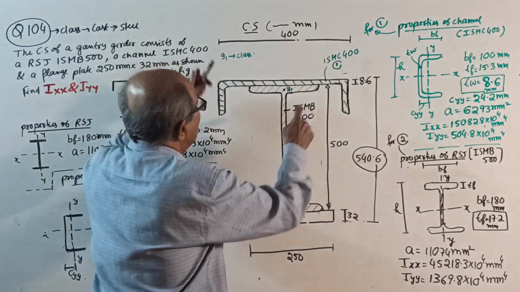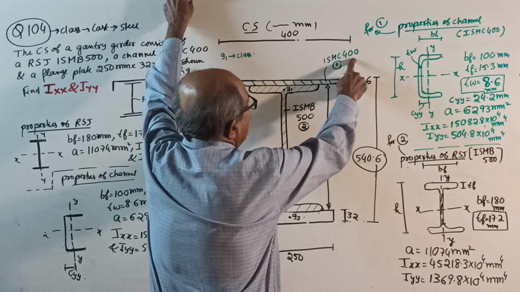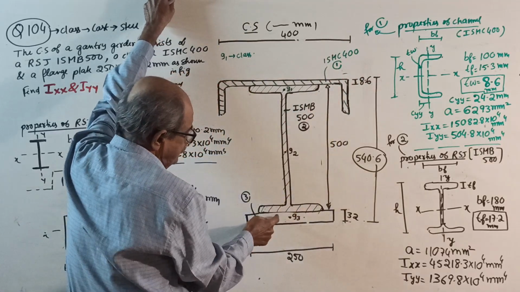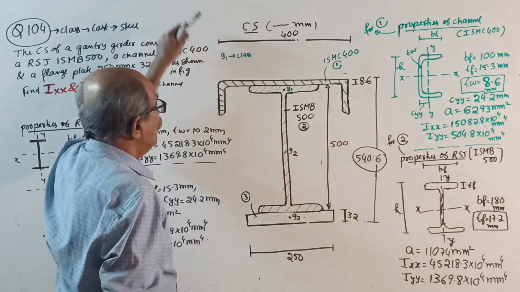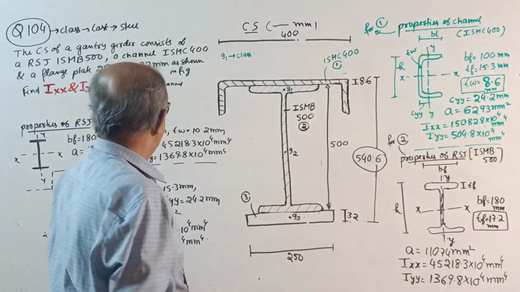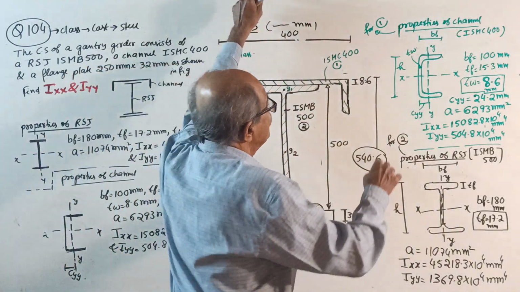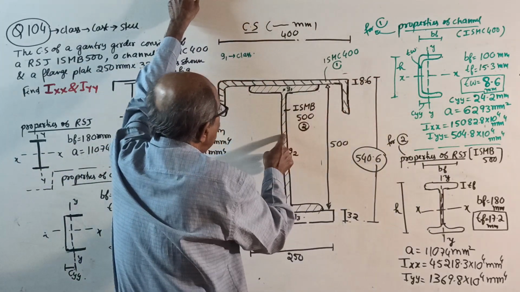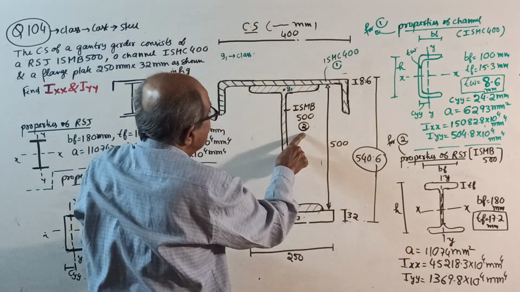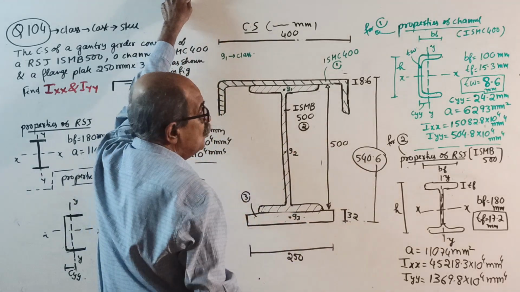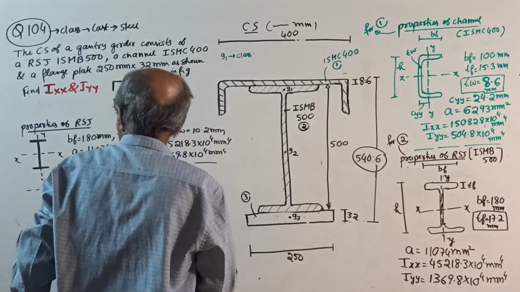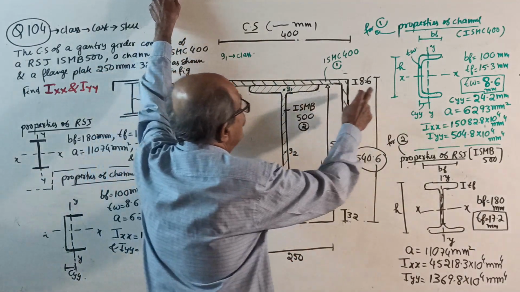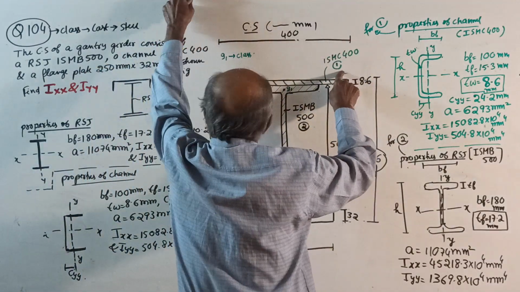So green is ISMC 400, black is ISMB 500, and this is a rectangle. Now, when I write the properties in the solution, neatly I will put the chart. My order is 1 channel, 2 RSJ, 3 plate. They have given the RSJ first, no problem, but we will write the channel property first because in our order we use channel number 1 first.